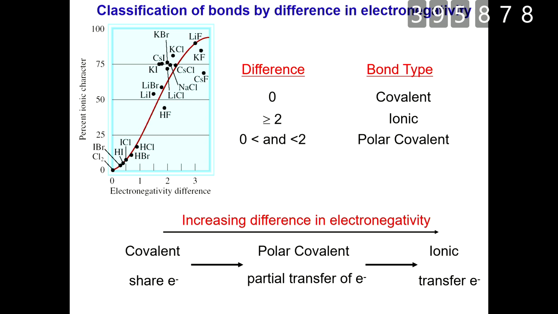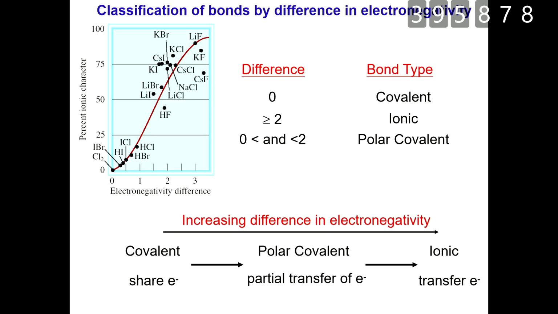In a covalent bond, they equally share. But in a polar covalent bond, they still share electrons, but the electrons may be closer to one of the atoms.